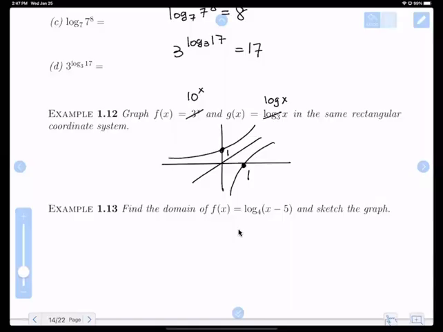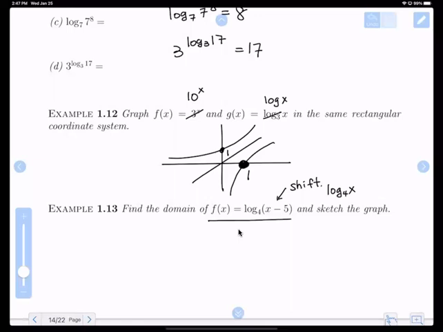Let's look at this one. How do you solve this? We had log base 4 of x, but we didn't have log base 4 of x minus 5, so there is a little bit of shift here. The important part is right here: what makes your log function equal to 0?